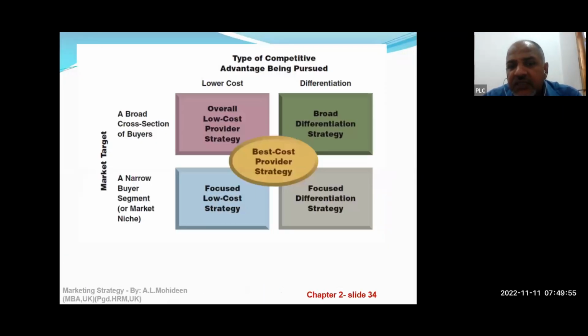According to generic strategy, an organization can be in a lower cost strategy, or they can be in a differentiation strategy, or they can be in a focused strategy. These are the three things. But when they focus, they will go for focused lower cost strategy. Also, they will go for focused differentiation strategy. And also they can go for a best cost provider strategy.